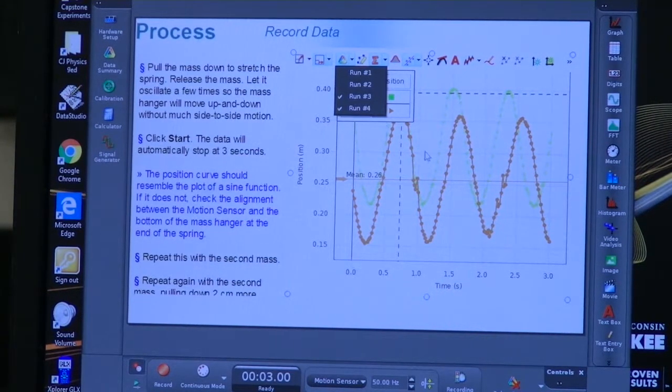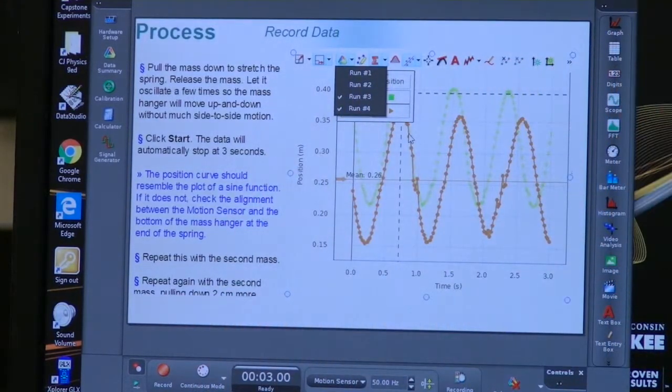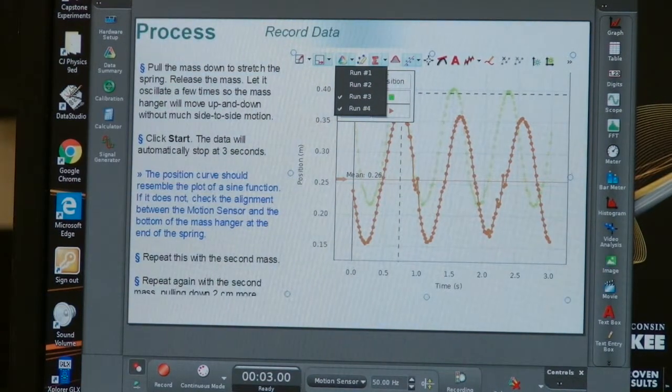We have measured the mass, so we can calculate the period, and that gives us a theoretical value, and then we can measure the period here, which will give us a measurement.